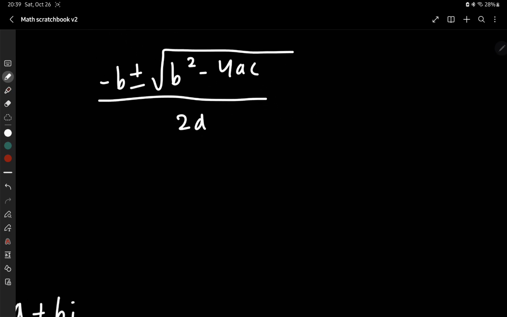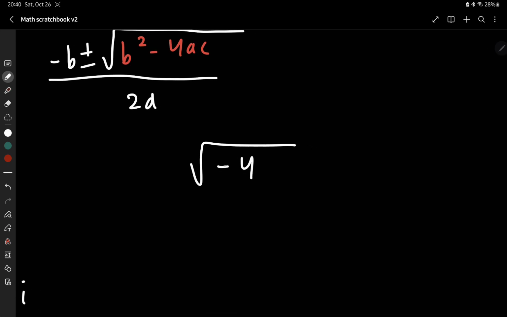And whenever you get a calculator error, that basically means that this b squared minus 4ac is a negative number, because the square root of a negative number does not compute. It's a complex number. The square root of -1 is the definition of i. So that's why you get a math error there.